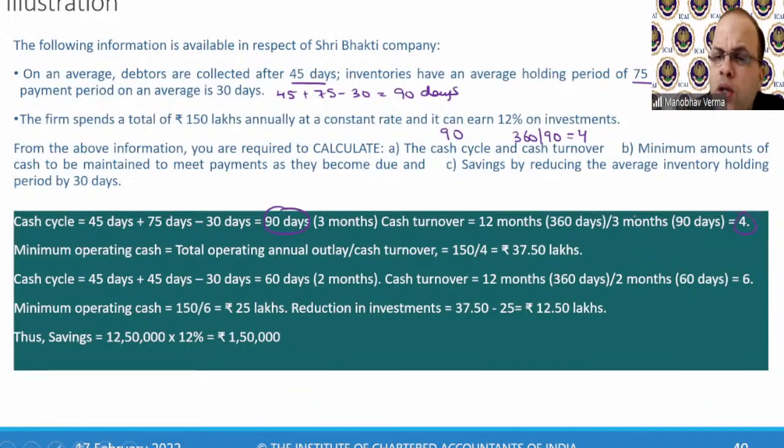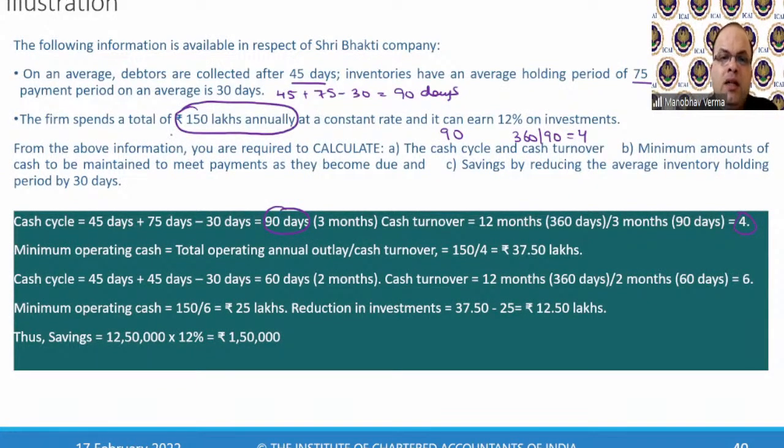Now the next question was the minimum amount of cash to be maintained to meet the payments as they come due, right? They have given us information about a requirement of 150 lakhs annually, and we are talking about the minimum amount of cash to be maintained here.